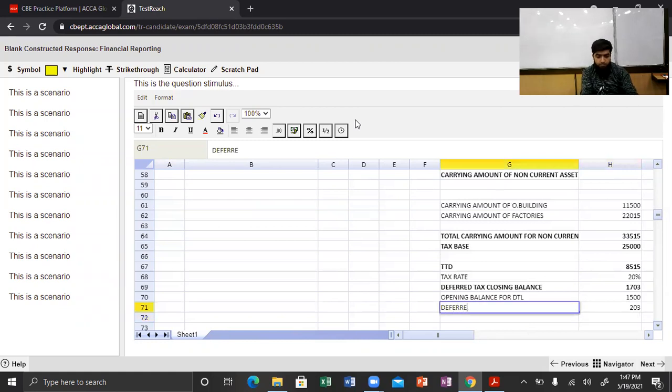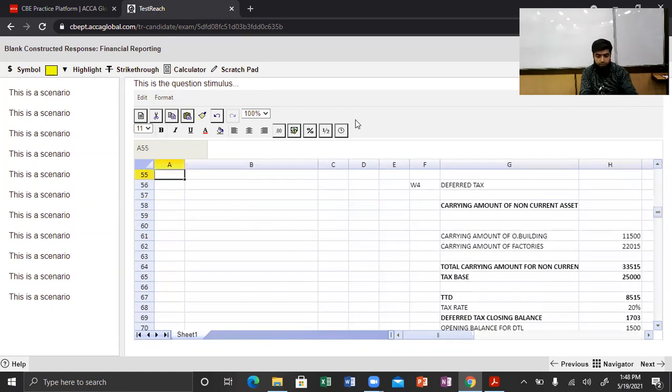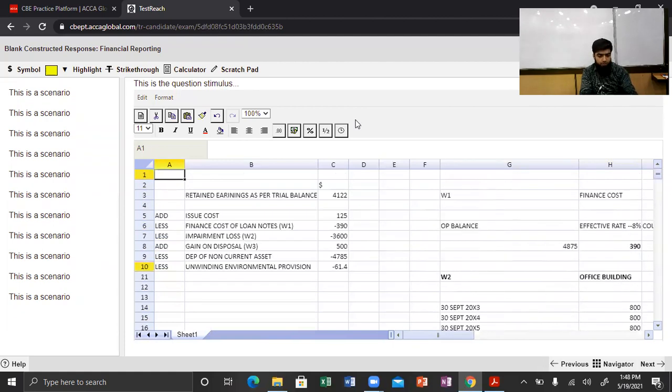The deferred tax expense for the year that should be charged to P&L is 203, and that is the amount which should be recorded in P&L, or adjusted in the profit figure or in the retained earnings amount.